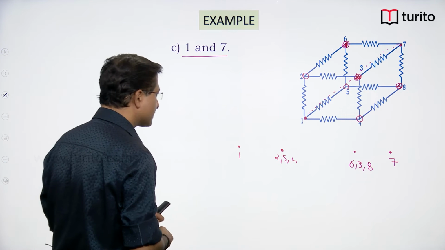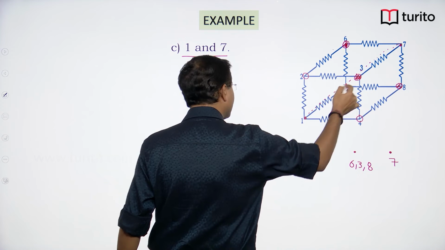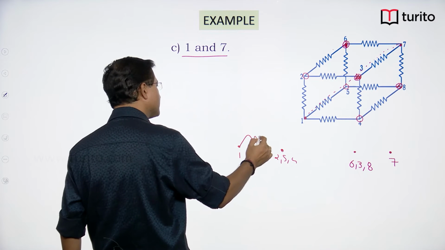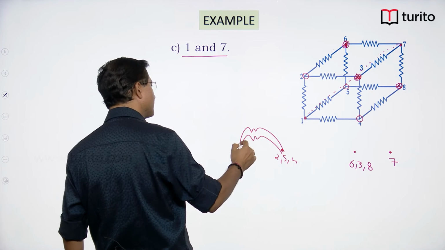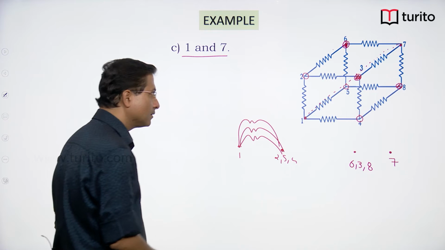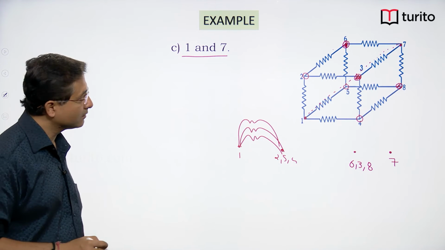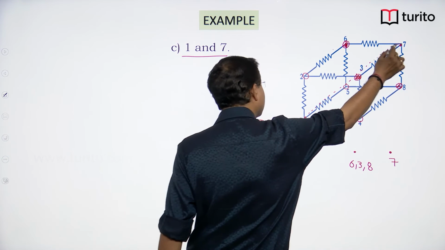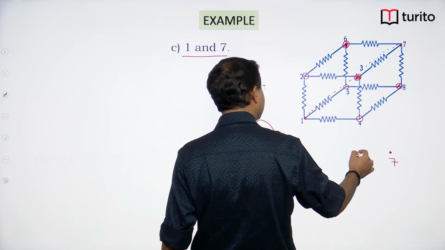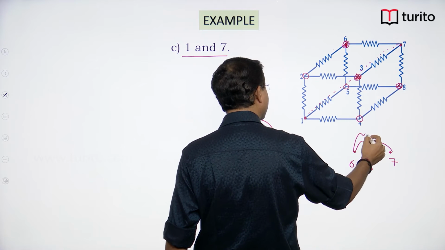Let us connect all the resistors between 1, 2, 5 and 4. There are 3 resistors. Similarly from 7, 6, 3 and 8, there are 3 resistors connected.